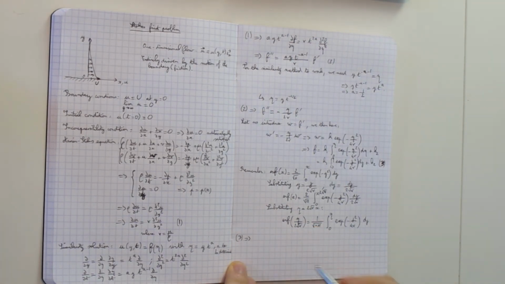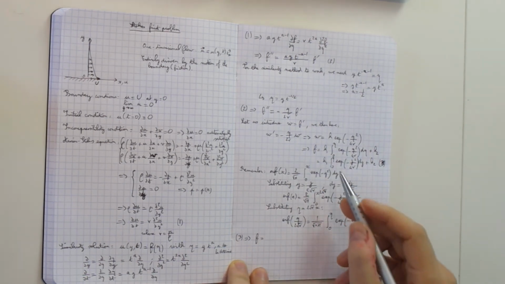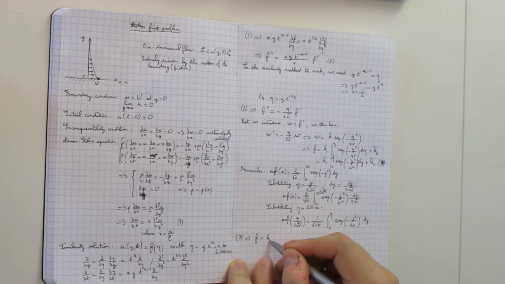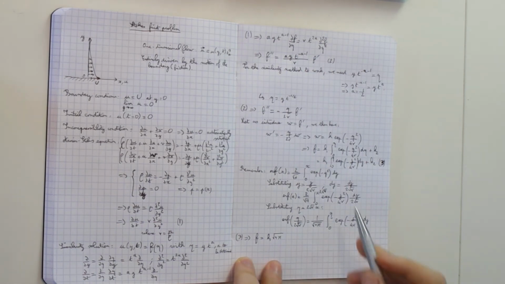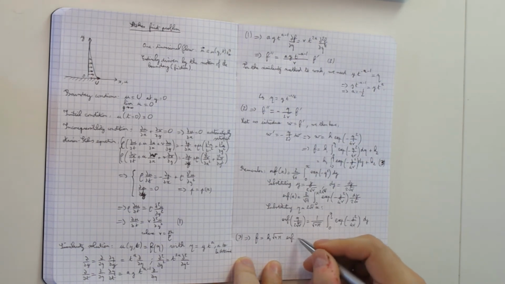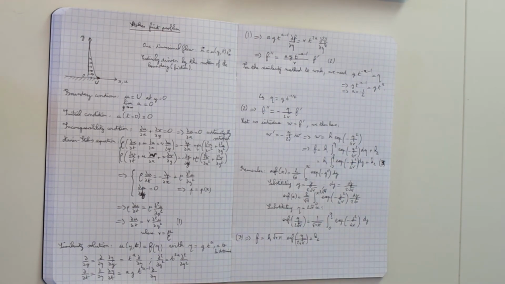If we take 3 and replace it with what we found to be the error function in our case, we have f equals k1 times square root of nu pi, that integral, which is the error function applied at eta over 2 square root of nu. And we still have this k2 constant of integration.